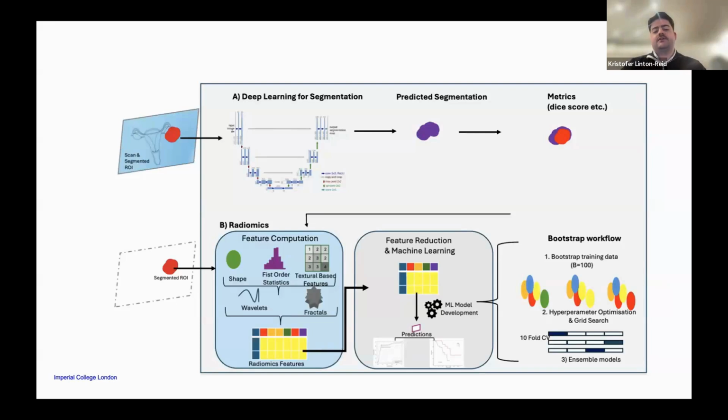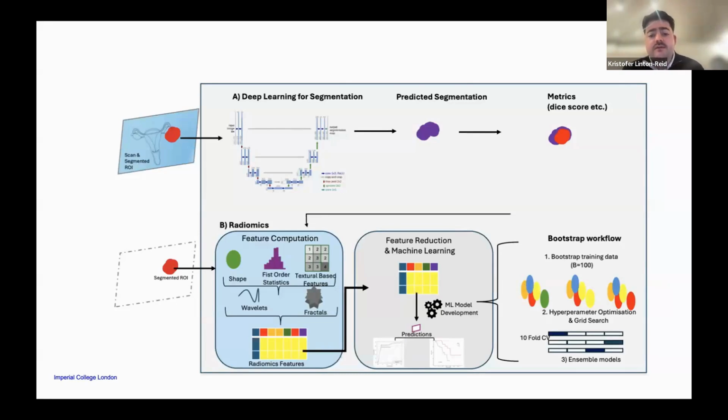So the way this works is often an expert like Jen would essentially annotate the image and draw around the region of interest. And once we've collected enough data of the scans in the regions of interest, we'll then be able to build these deep learning algorithms such as the UNet to essentially automate that part of identifying the region of interest.